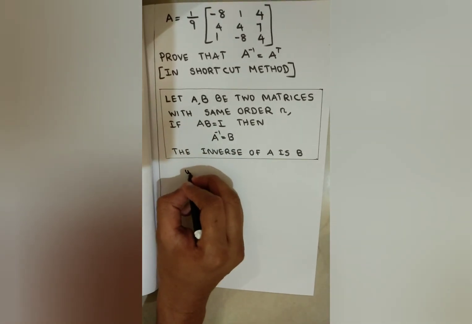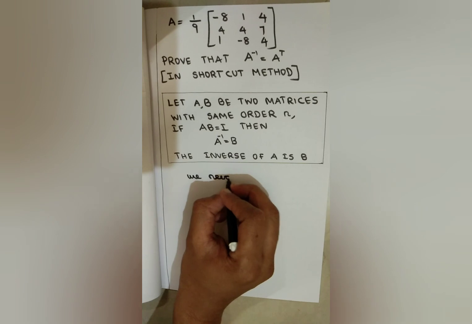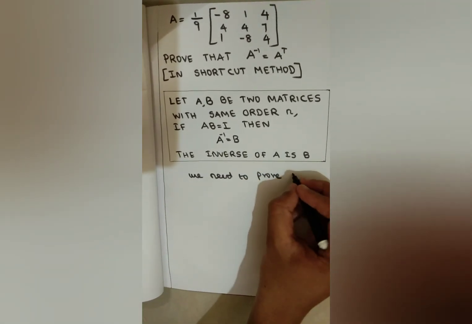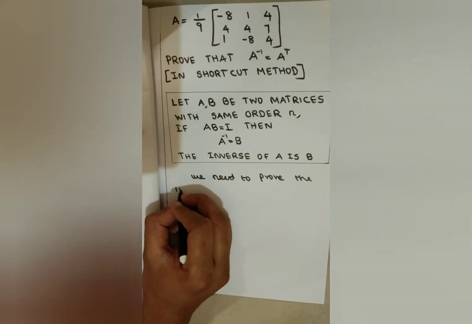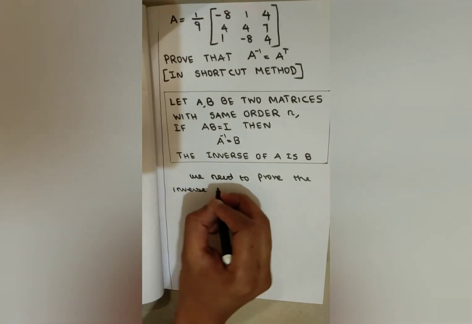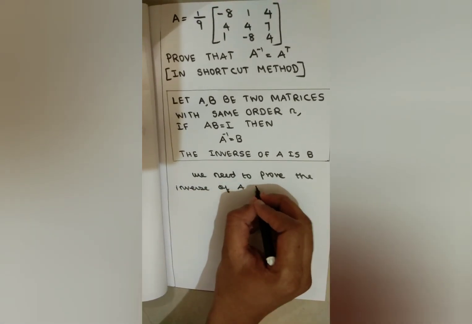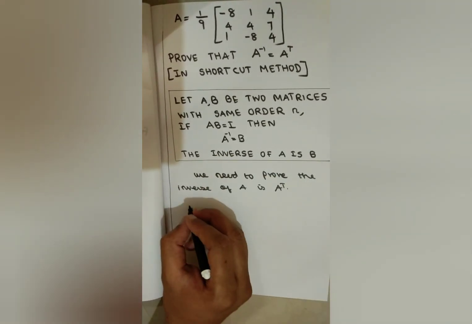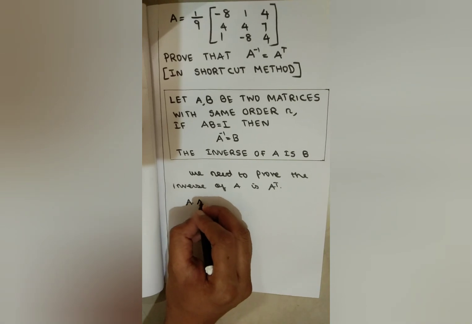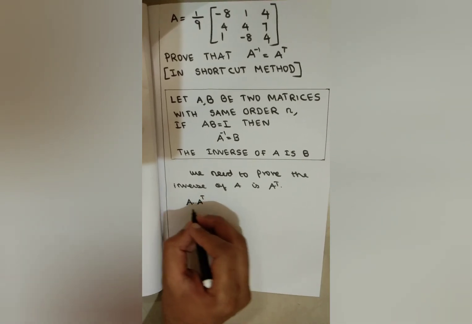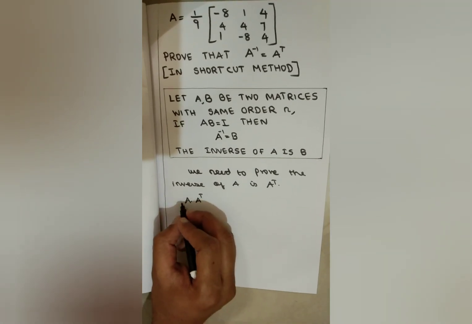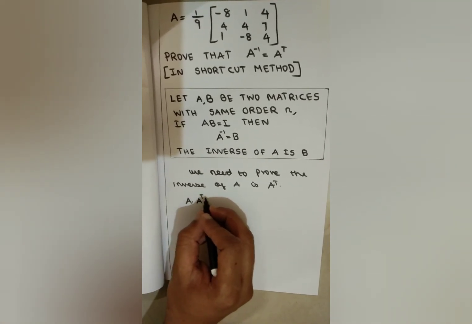That is, the inverse of A equal to B. Here we need to prove the inverse of A is A transpose. By using this concept, I am going to multiply A into A transpose. If it results the identity matrix, then the inverse of first matrix is the second matrix.